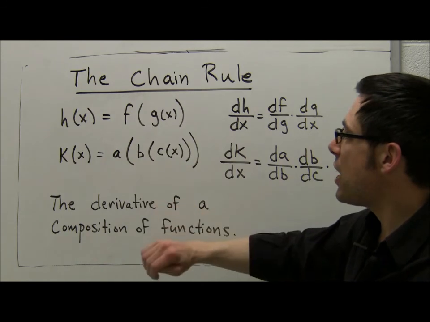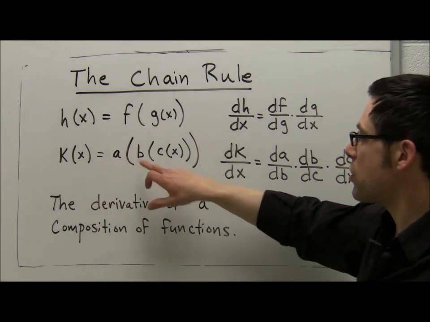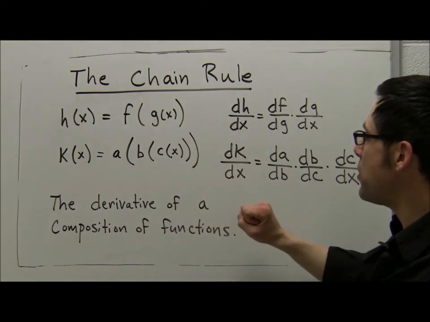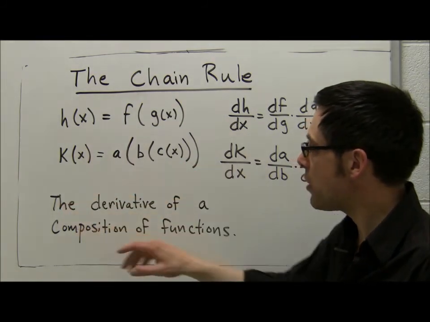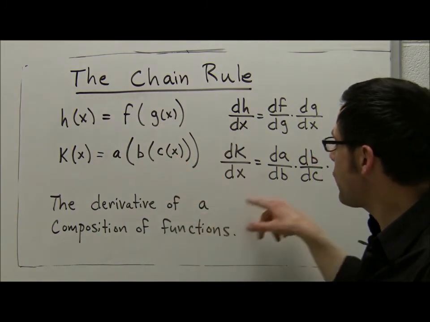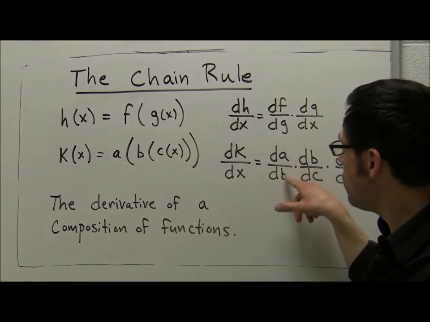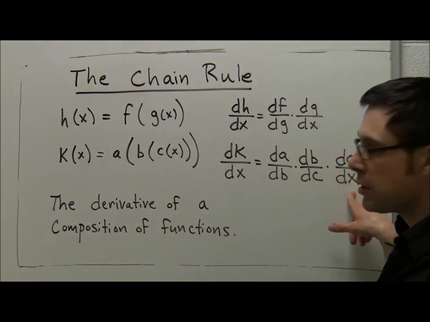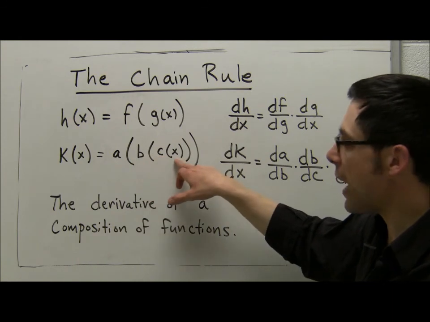Okay, and in this case, I know k is a function of a, which is a function of b, which is a function of c, which is a function of x. And all that happens is, if I want to know how k changes with respect to the innermost input, x, then I have to go from a to b, then from b to c, and then finally from c to x. Okay, so I have to go from a to b to c to x.